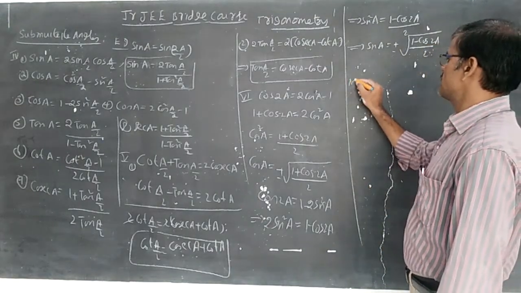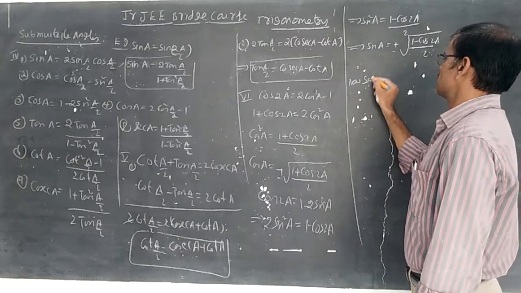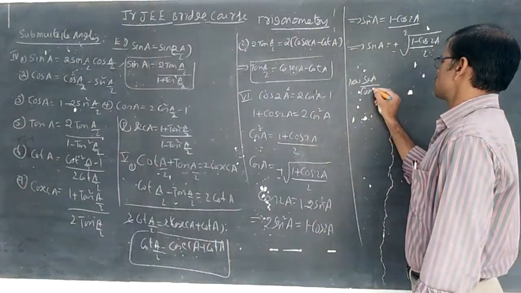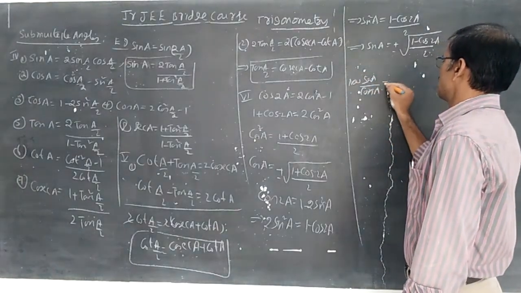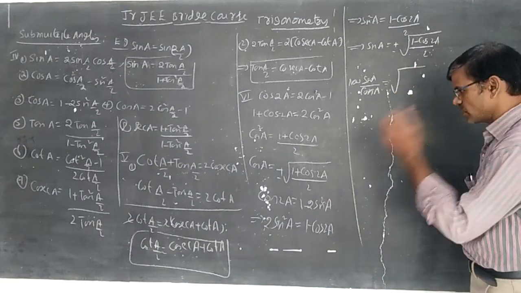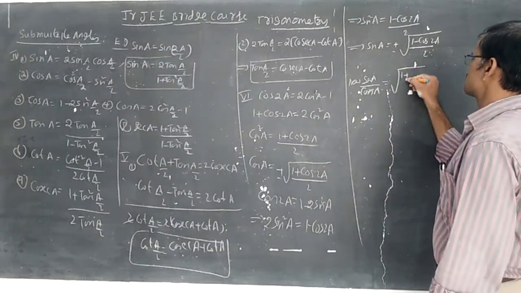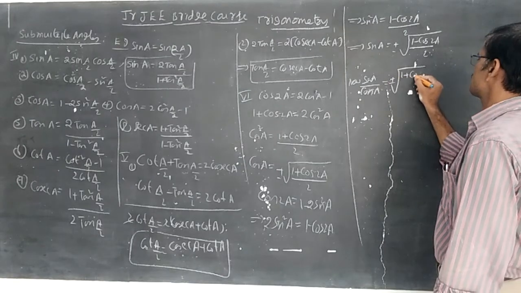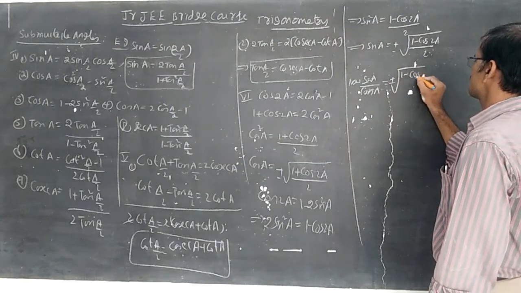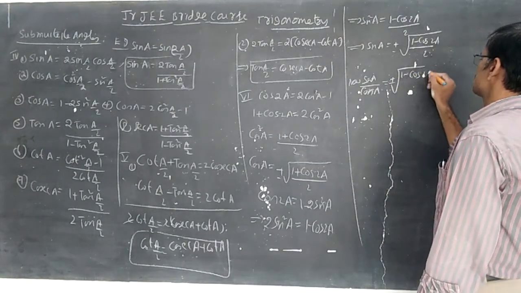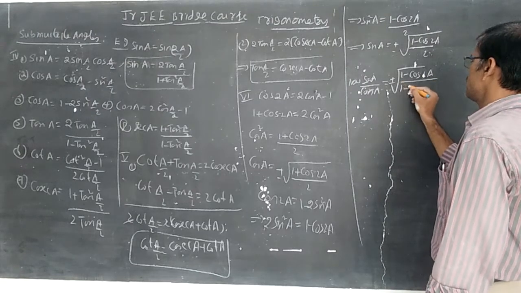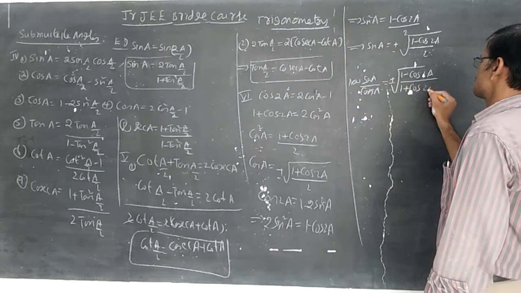Now, sin A by cos A is tan A. So I want to discuss with you the formula tan A is this one by this one. It becomes plus or minus root of 1 minus cos 2A whole by 1 plus cos 2A.